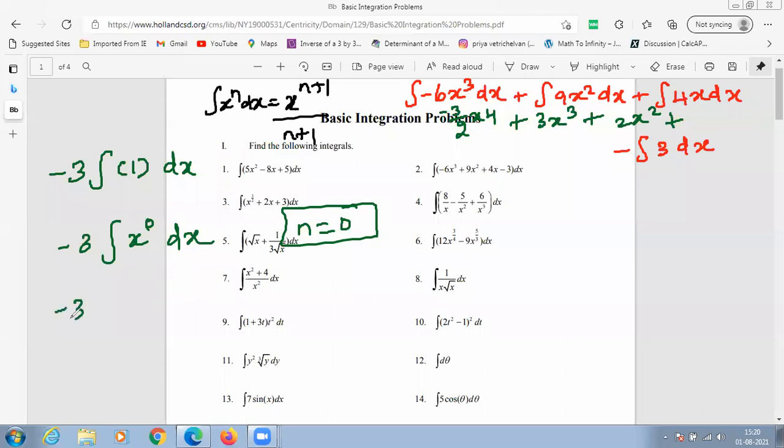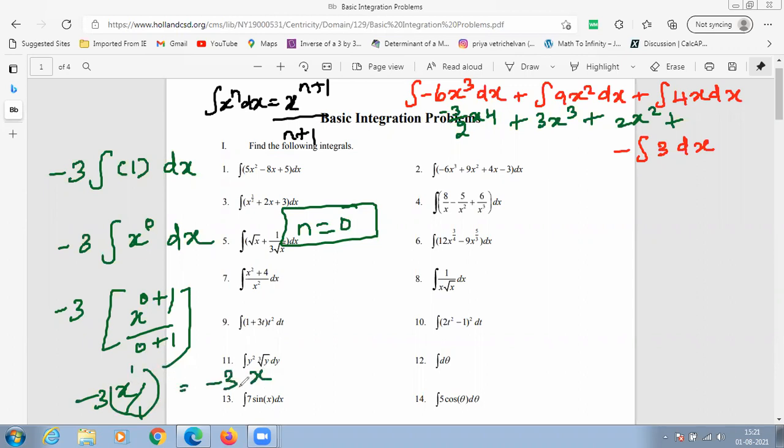So it will be minus 3 times x power 0 plus 1 upon 0 plus 1, minus 3 into x upon 1. I mean x power 1 by 1. X power 1 is also x only. If I divide it by 1 also, minus 3x divided by 1 will give me the numerator part only, which is minus 3x. So minus 3x is the result for this part.